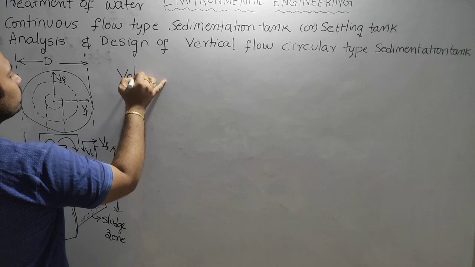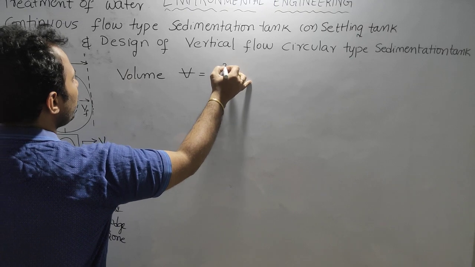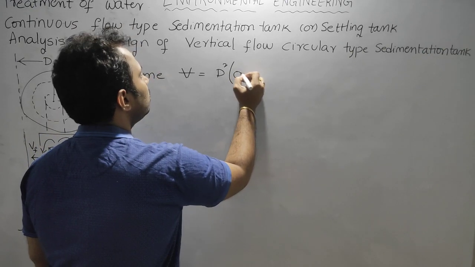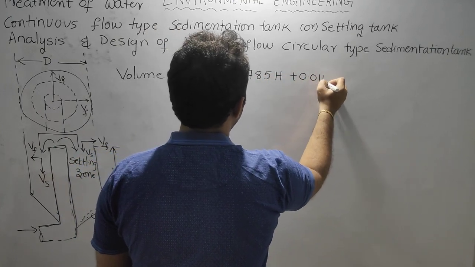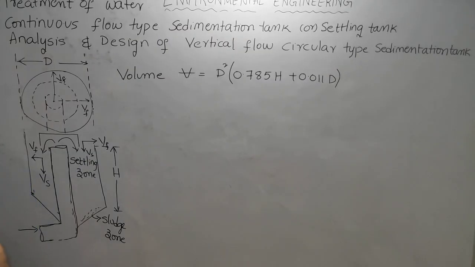So volume V is equal to D square into 0.785 H plus 0.011 D, sorry, 0.011 D. See, actually, if you take a circle, you might think that it is like a cylindrical, it should be pi d square into H, but we need to take the conical zone, this sludge zone also.